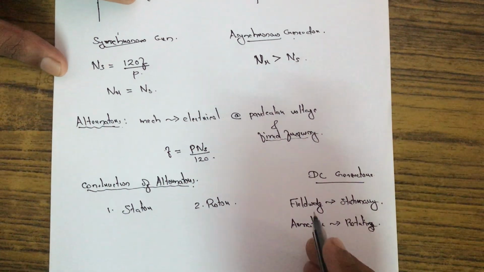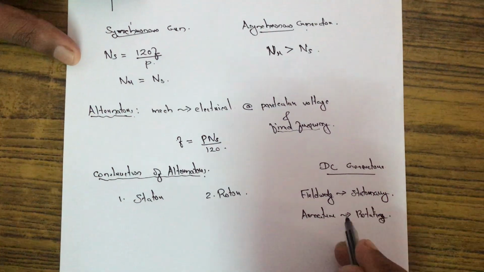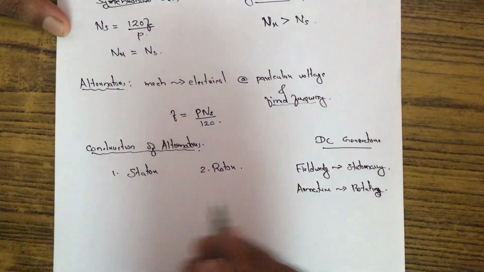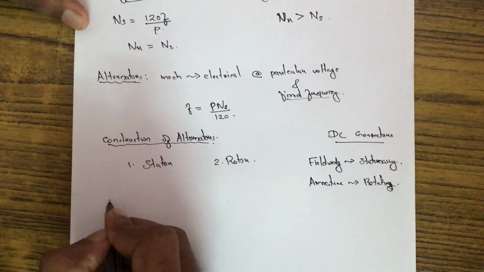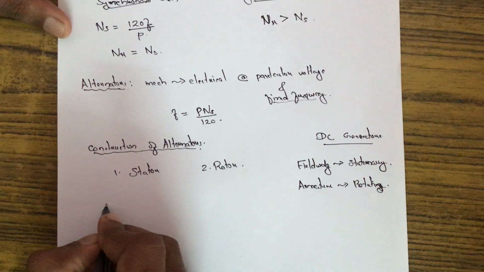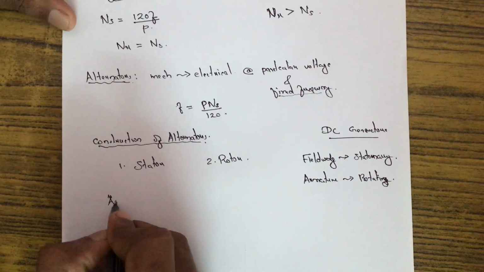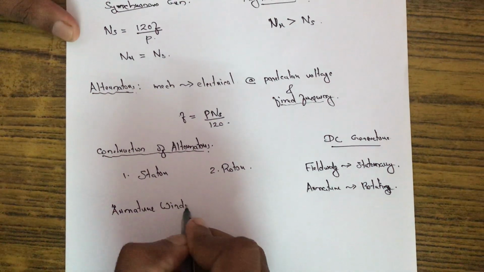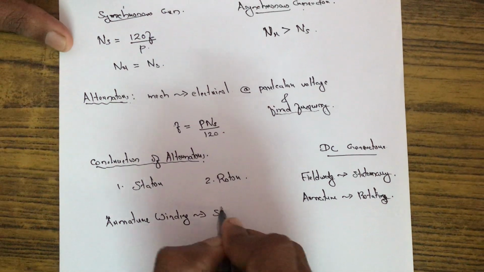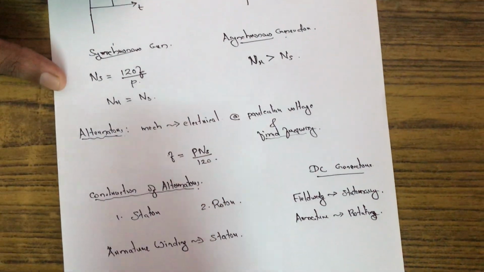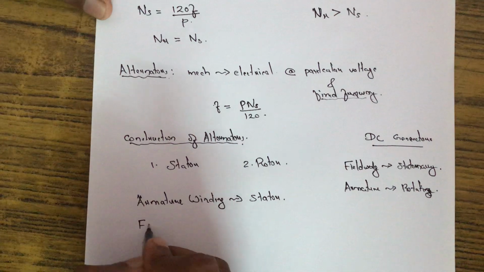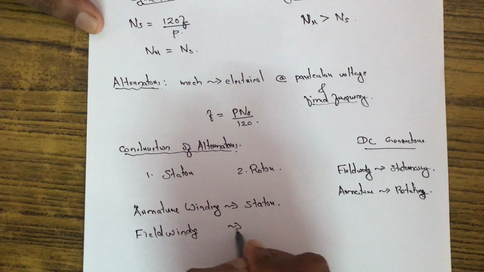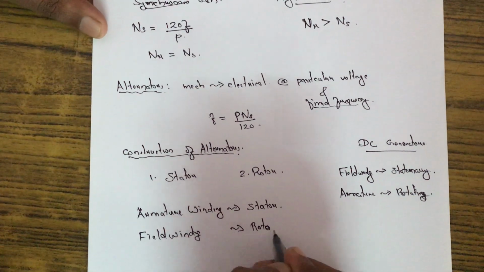This type of construction can also be implemented in alternators, but due to many advantages we are keeping the armature winding in the stationary part, that is in the stator, and we are keeping our field winding in the rotating part, that is in the rotor.